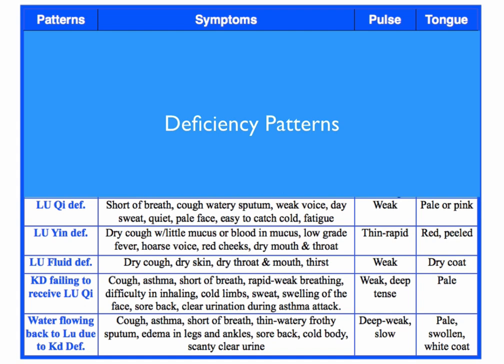The last one, again a relationship between kidney and lung, is water flowing back to the lung due to kidney deficiency. So again, this is really that connection with the lung and kidney. This is someone that would probably have a disorder like emphysema.